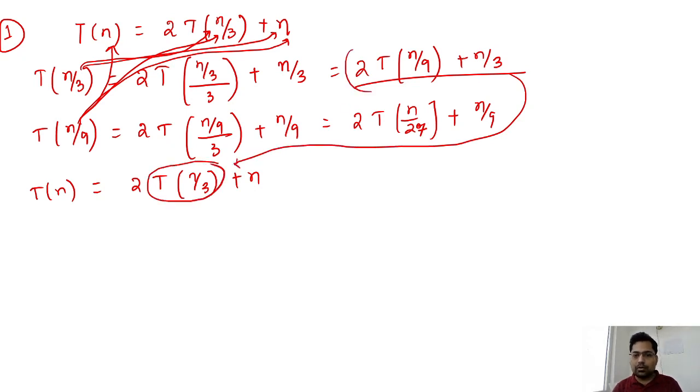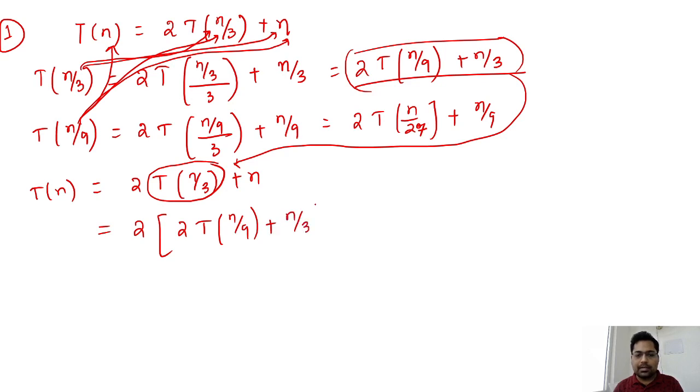So 2T(n/9) + n/3, we have to write. Now you keep the cost as it is, because we are not going to touch that one. Here also the cost as it is, because we are going to expand the value only.